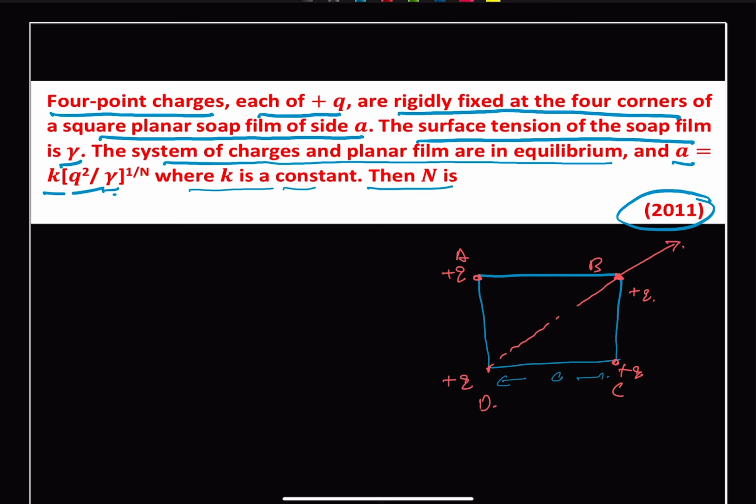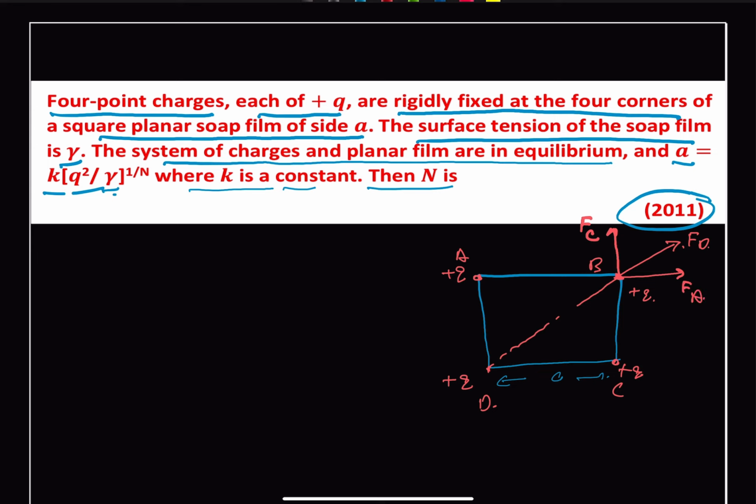Let us call this as FD. And because of C, force of repulsion, let us call this FC. And because of A, let us call this force of repulsion as our FA.